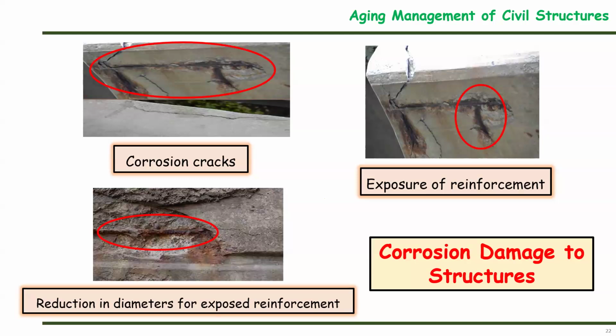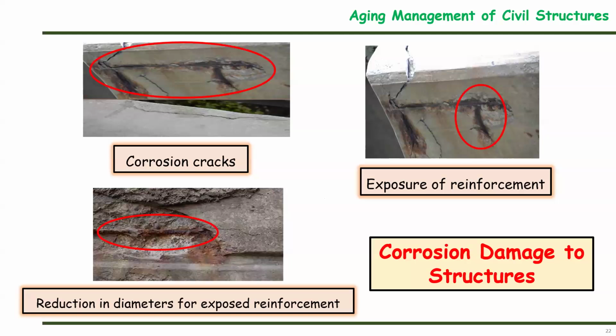This cracking initially occurs at the rebar concrete interface, and the continued corrosion process will result in propagation of this cracking from the rebar concrete interface in the outward direction till the cover is fully cracked. Because of this corrosion, we can see corrosion cracks have appeared at the surface, and reinforcement has got exposed.